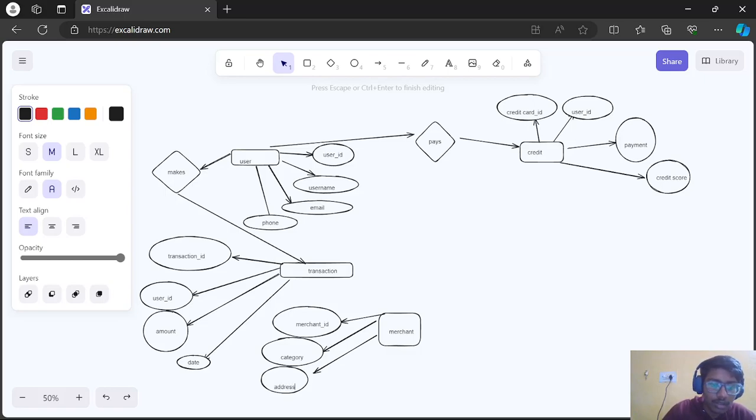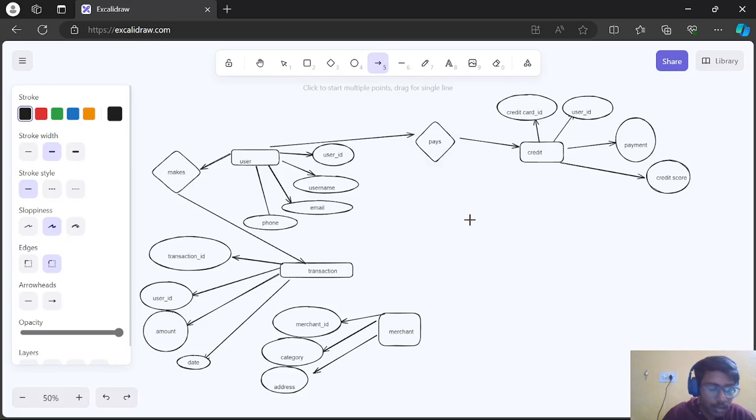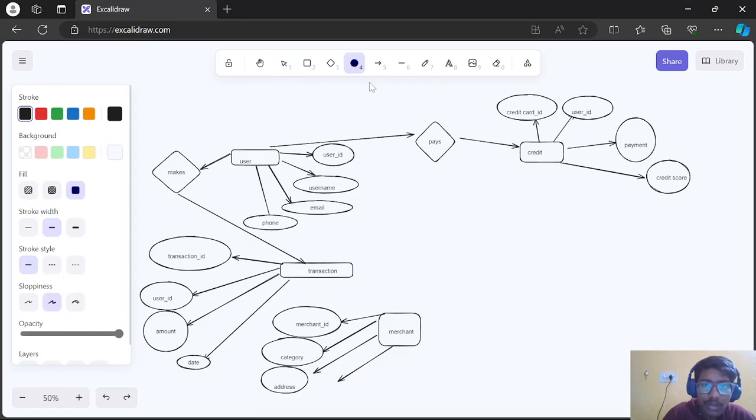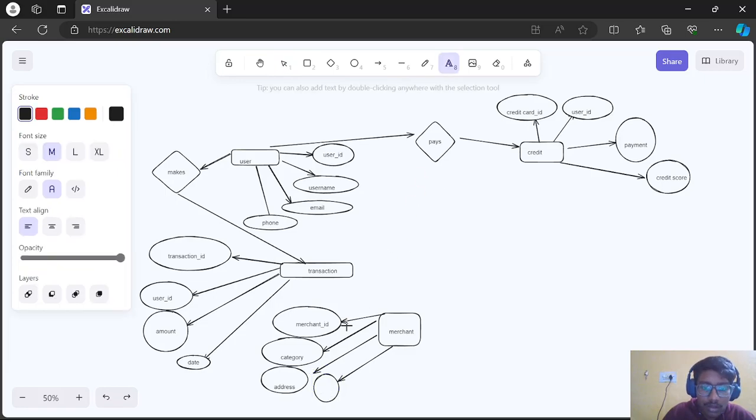Okay, the address of the merchant, and then the name of the merchant. Yeah, I forgot the main one, of course. The name. Yeah, are there any relations for the merchant?